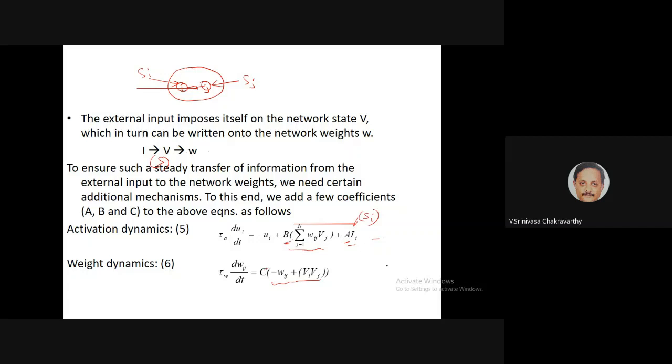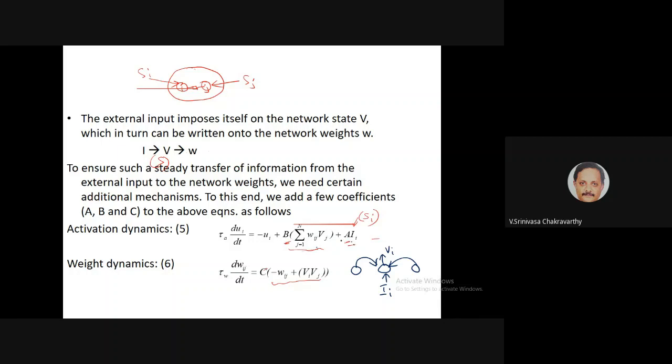To show it pictorially, the neuron state is Vi. Each neuron gets inputs from neighboring neurons within the brain or within the network. It also gets input from the external node. So we need to distinguish these two. This summation of n terms represents the lateral input coming from other neurons. This term represents the external input coming from outside.